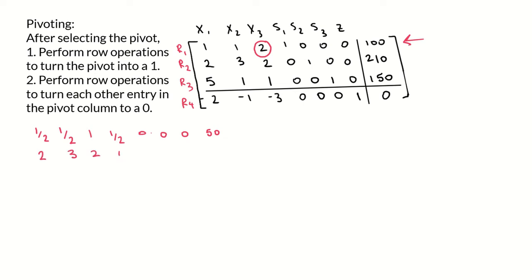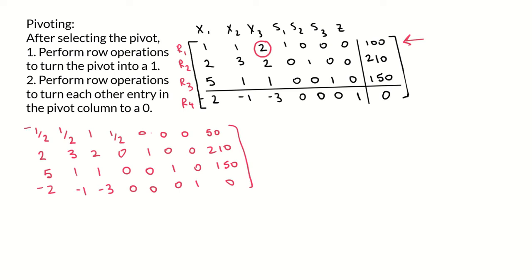So 2, 3, 2, 0, 1, 0, 0, 210, 5, 1, 1, 0, 0, 1, 0, 150, -2, -1, -3, 0, 0, 0, 1, 0. Okay, so that is obtained by multiplying row 1 by 1/2. And now in our pivot spot, we have a 1. So that's the first step of pivoting.